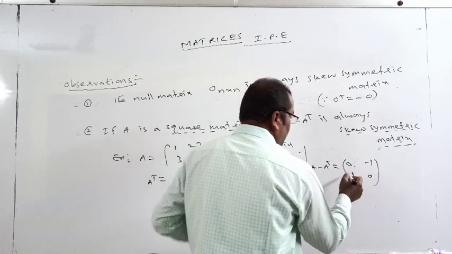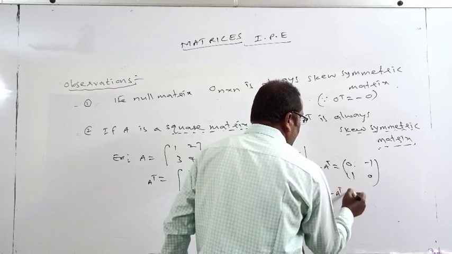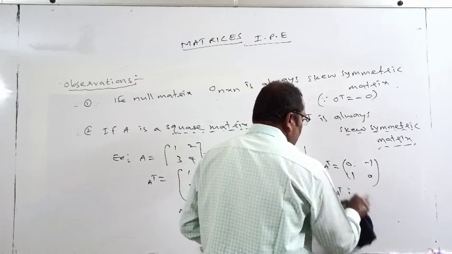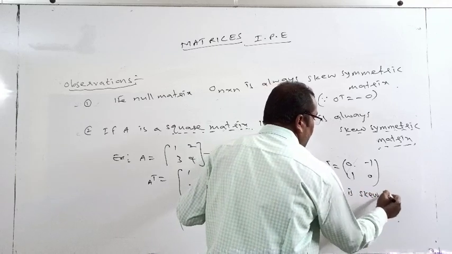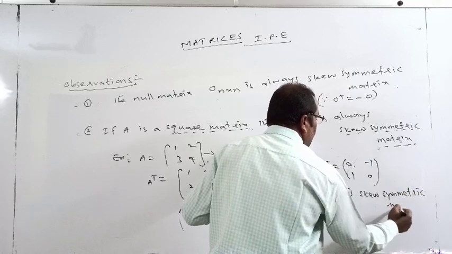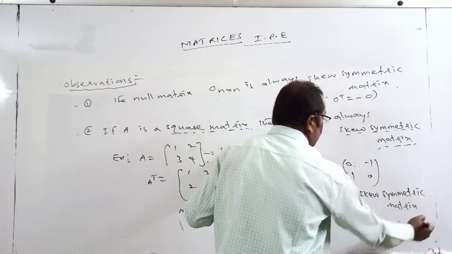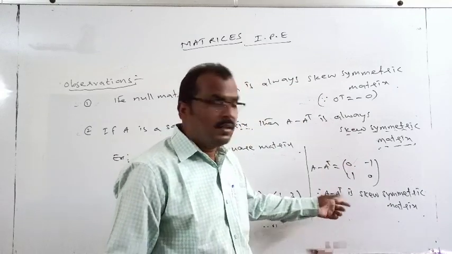So the obtained matrix, A minus A transpose, is a skew symmetric matrix.